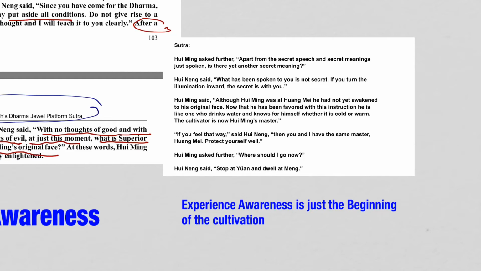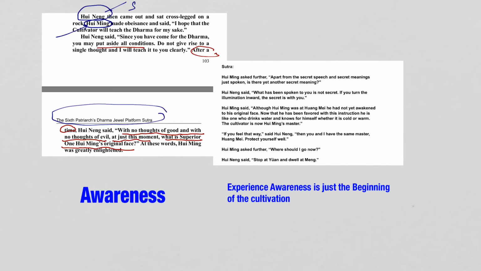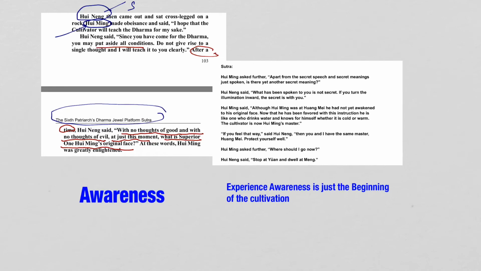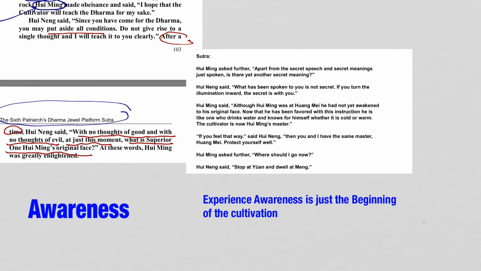Look at this. Continue on from the sutta after Hui Neng showed Hui Ming this. It says: Hui Ming asked further, apart from the secret speech and the secret meaning just spoken, is there yet another secret meaning?